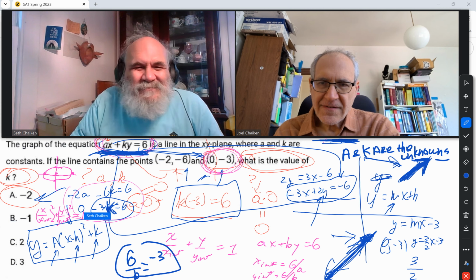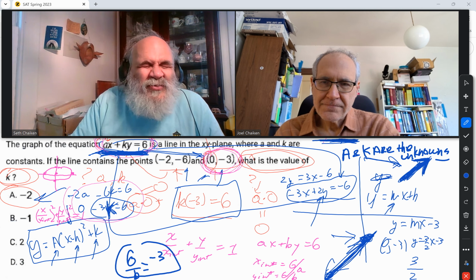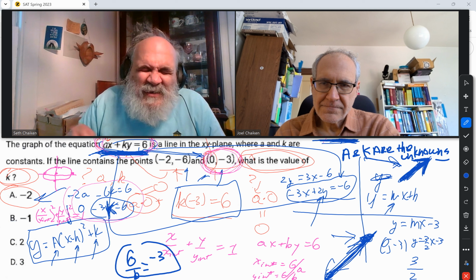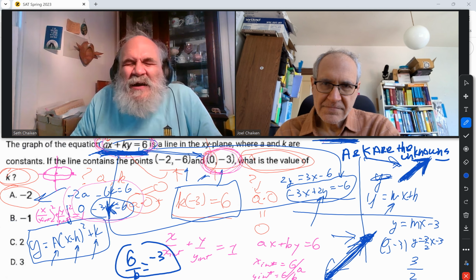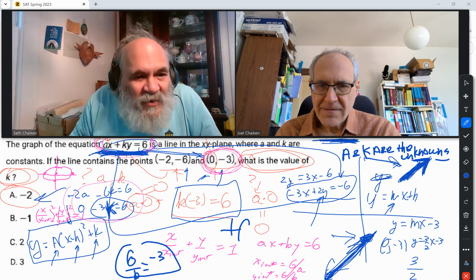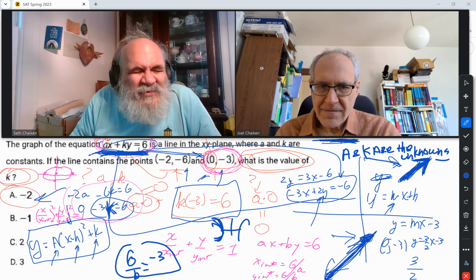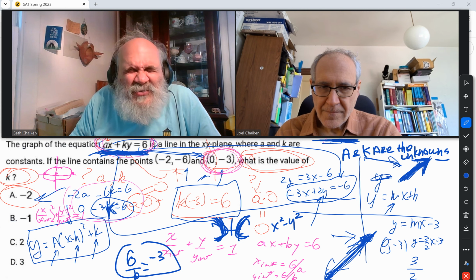If you change the plus to a minus, then you get the intercept form for a hyperbola, which looks like this. And when we have the intercept form for the ellipse and the x-intercept equals the y-intercept, then you have the intercept form for the circle.